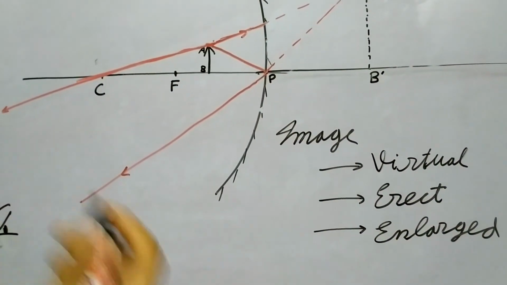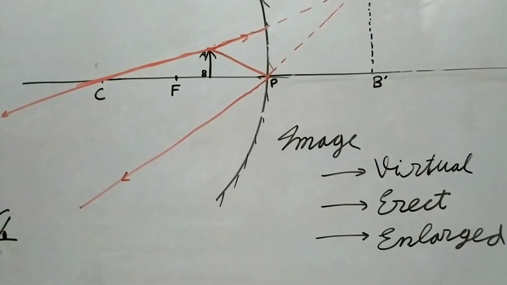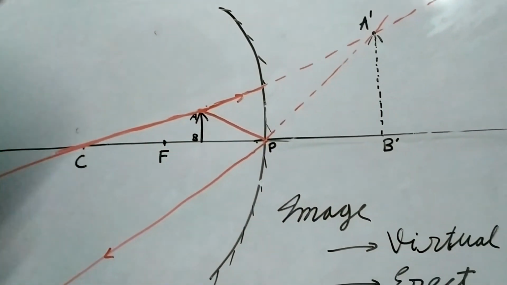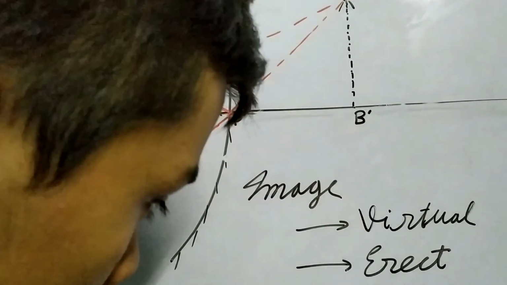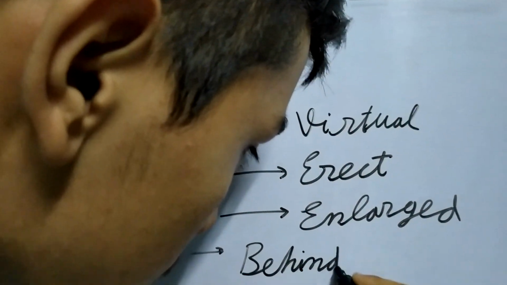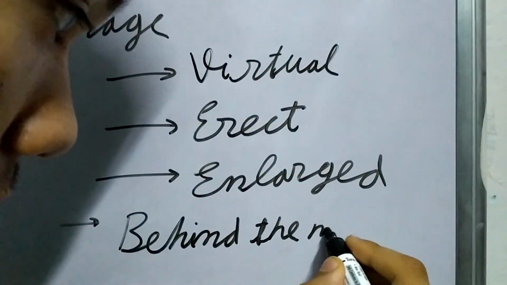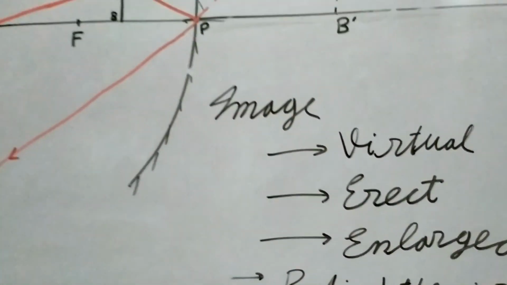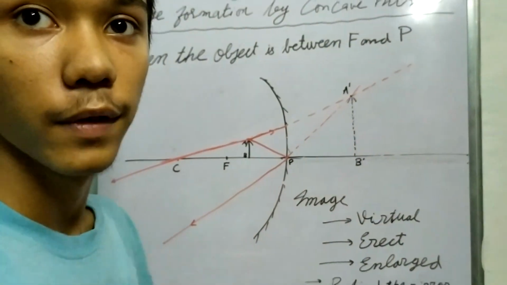And where it is formed, we can say that it is formed behind the mirror, or behind the pole. You can choose whichever, I choose behind the mirror. These are the image properties, and these are all the cases of concave mirrors.